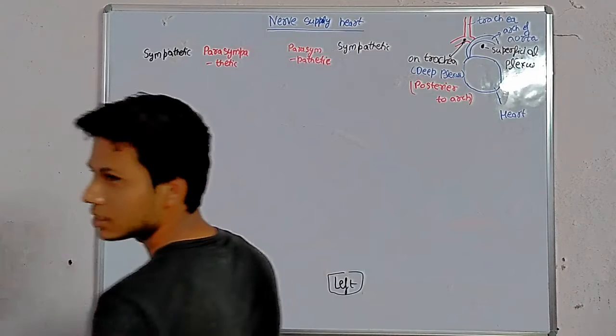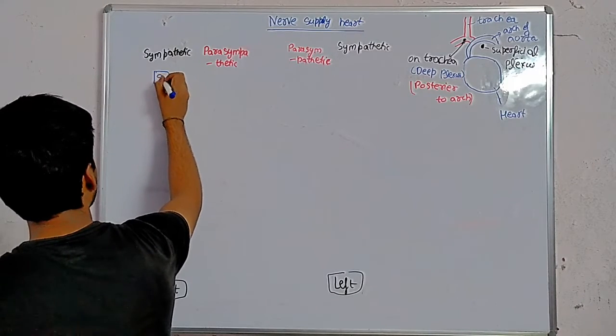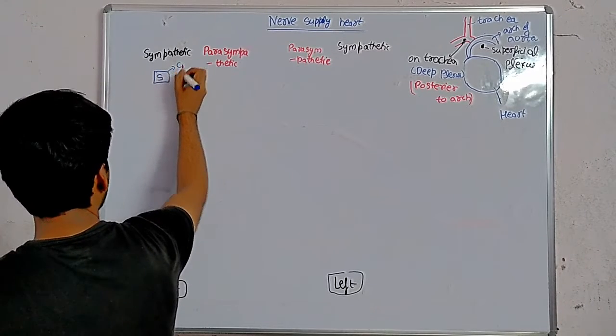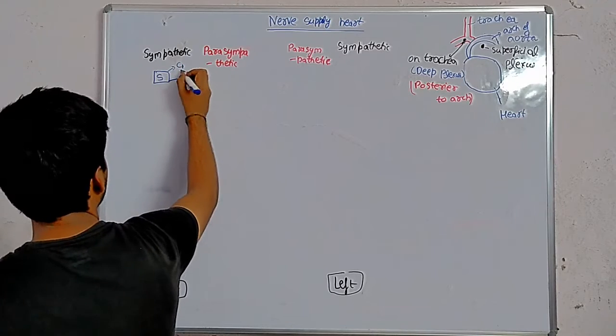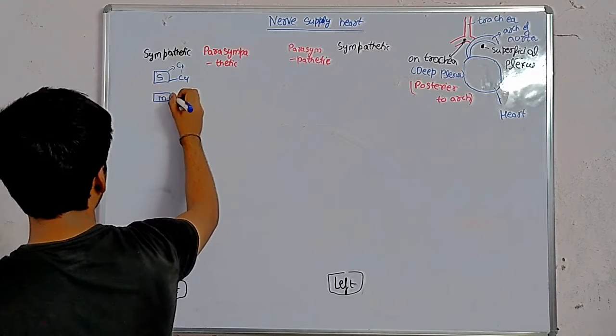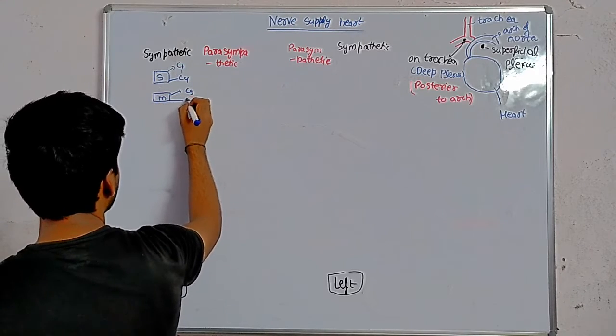In the cervical region, there are three ganglia formed. The first is the superior ganglion, which contains nerves from C1 to mainly C4. Another is the middle cervical ganglion, which contains nerves C5, C6.